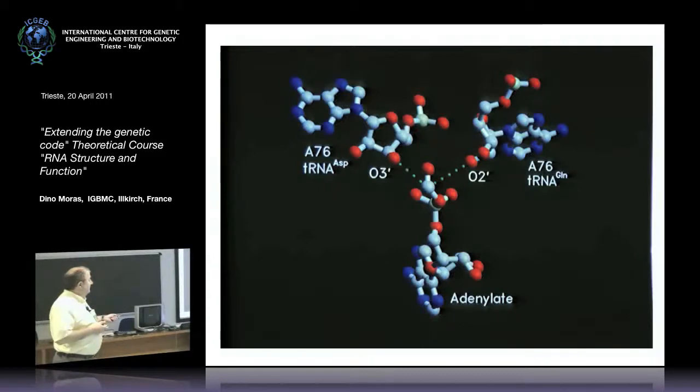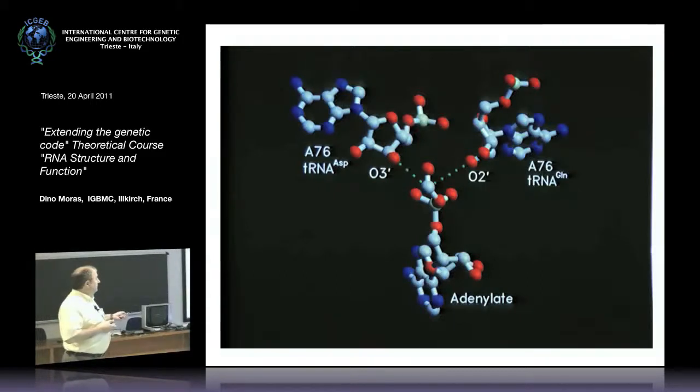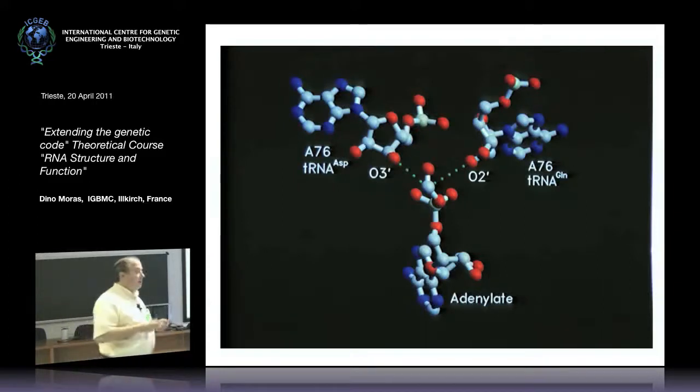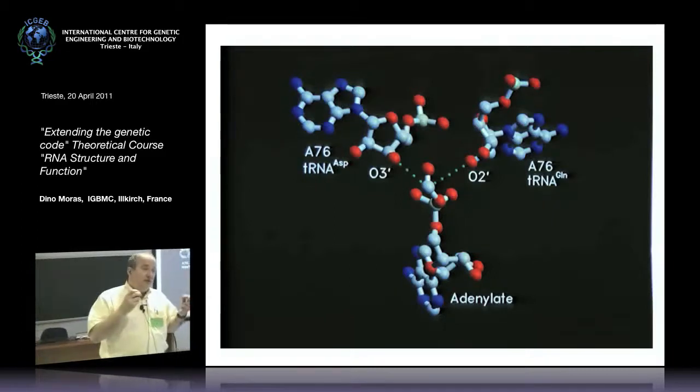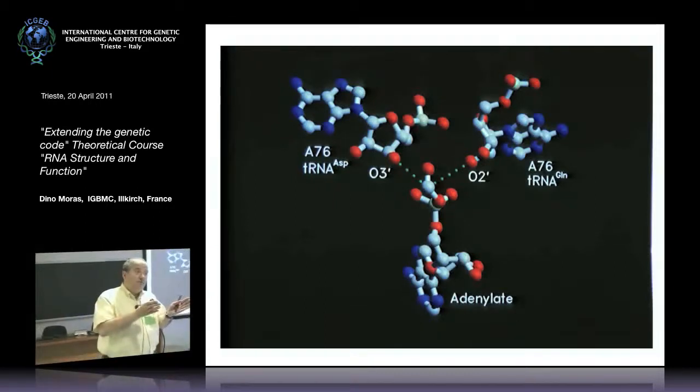Here you have the adenylate, the 2' is going on this side, the 3' is pointing on this side. So you have, with the 2' and the 3' hydroxyl, two different chiral centers. And chirality is an essential part of life of structures.